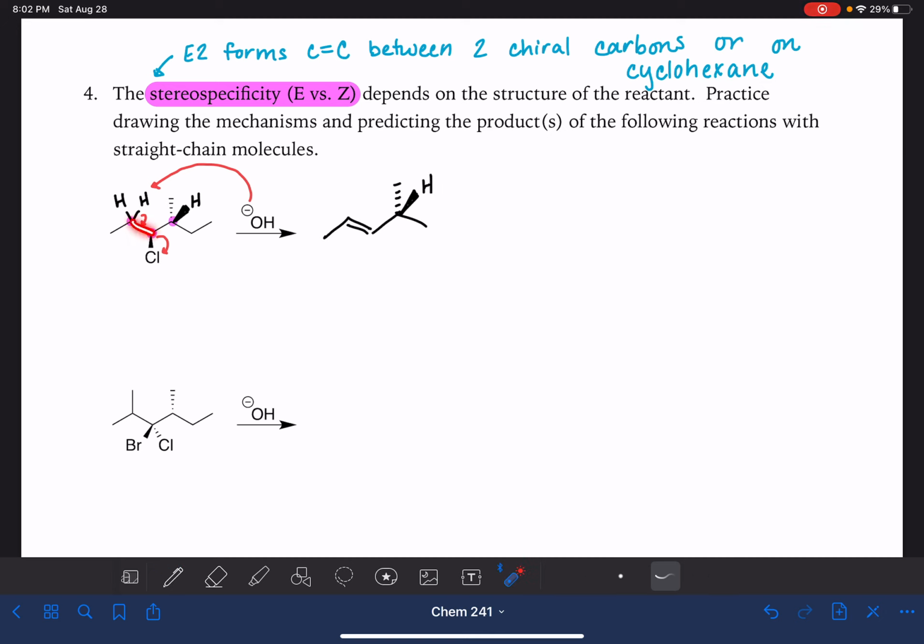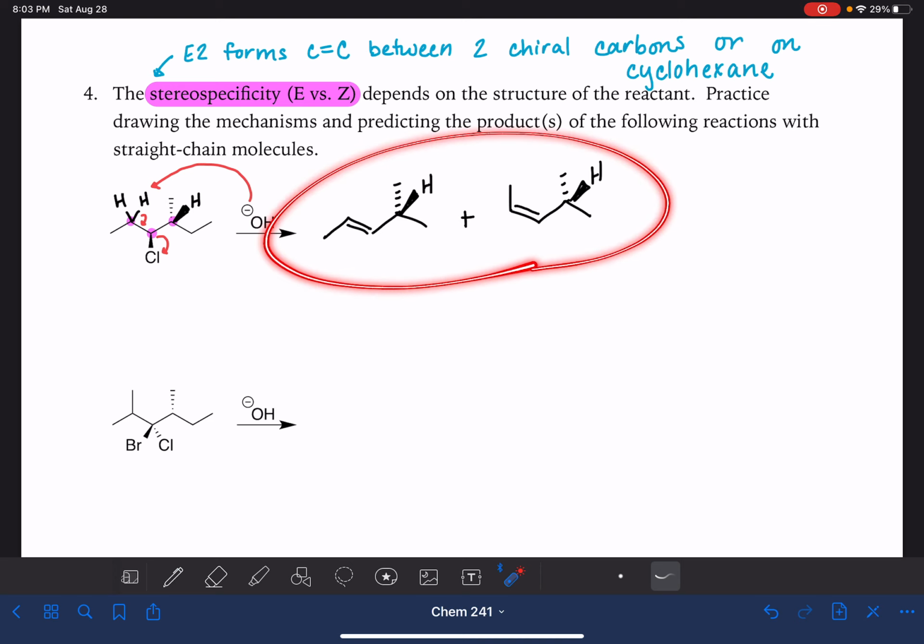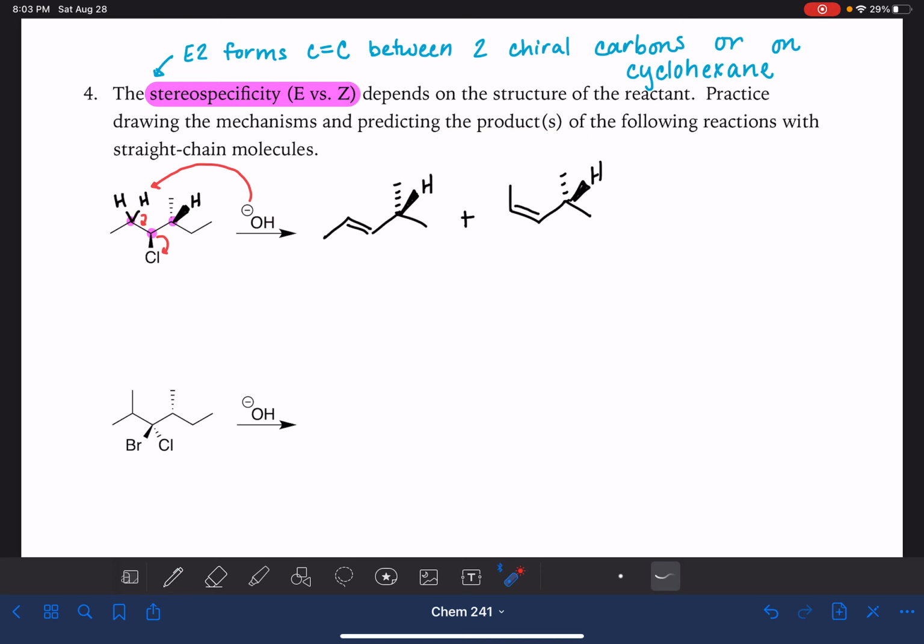But we are forming a carbon-carbon double bond in this position, and whenever we make an alkene, we always want to ask ourselves, is there a stereoisomer of that guy that I could draw? And there is in this case. So we want to draw those two products. We're not worrying about major versus minor at this time. We're just trying to get all of the different stereoisomers drawn. And so that's going to be just our traditional E2 reaction proceeding on the left-hand side.